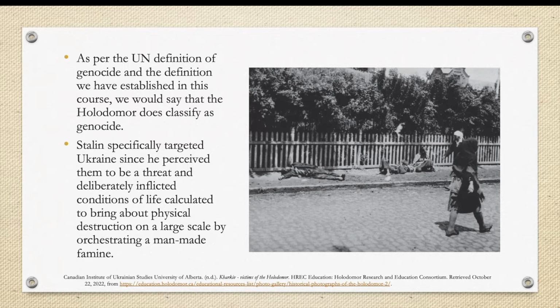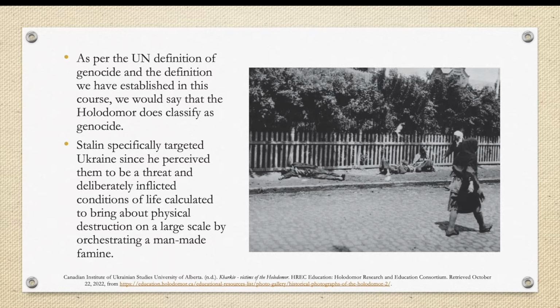Now, as per the UN definition of genocide and the definition that we have established in this course, we would say that the Holodomor does qualify as genocide. We give that opinion because Stalin specifically targeted Ukraine since he perceived them to be a threat, and he deliberately inflicted conditions of life calculated to bring about physical destruction on a large scale by orchestrating a man-made famine.